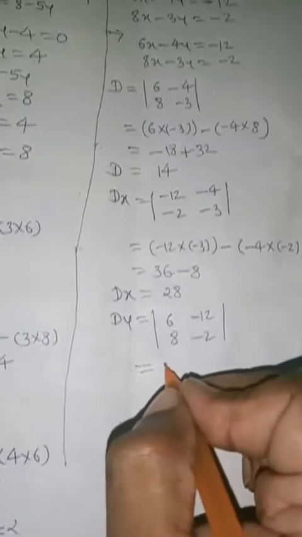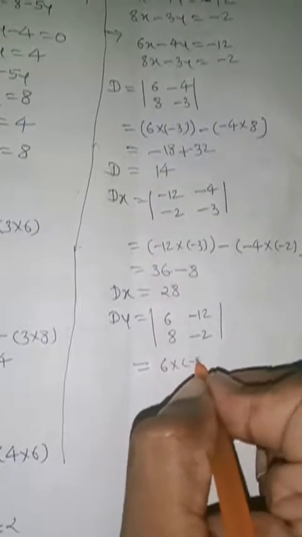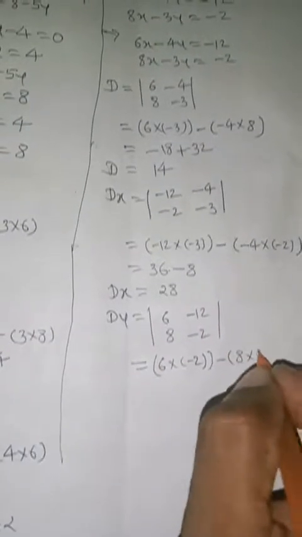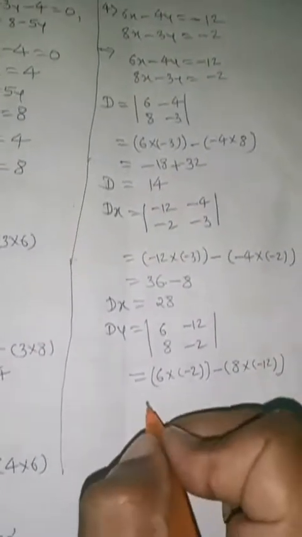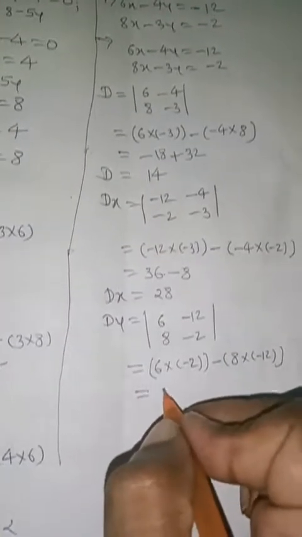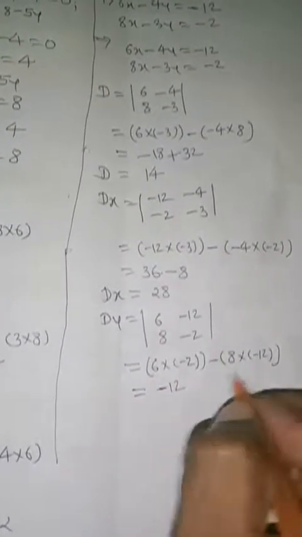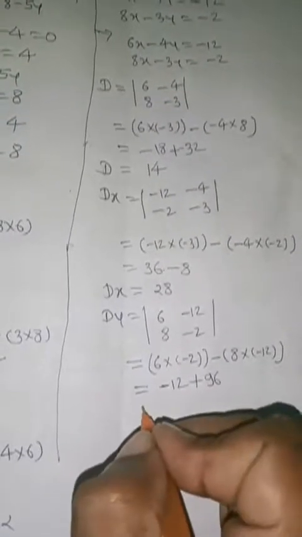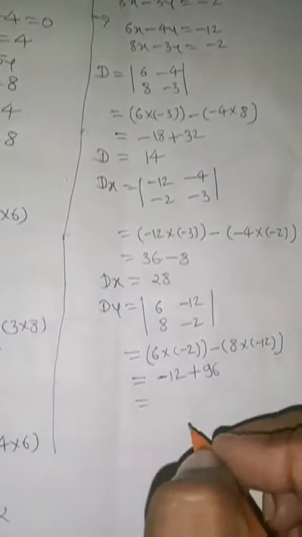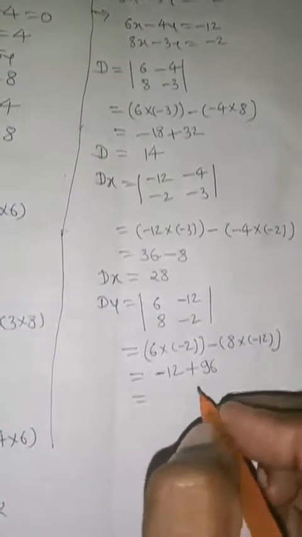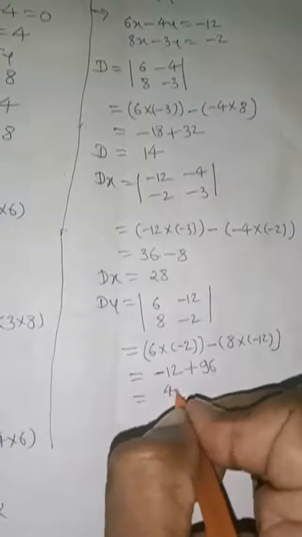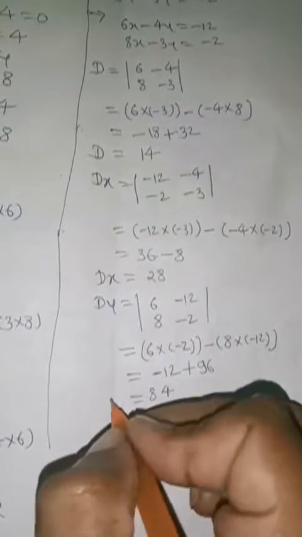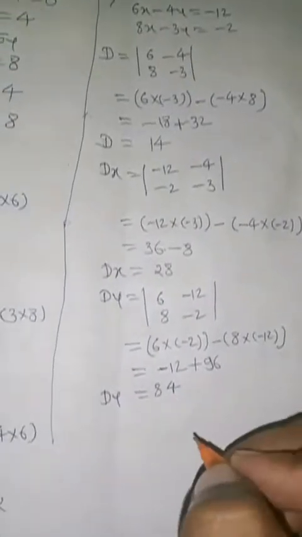This is equal to 6 into minus 2 minus 8 into minus 12. 6 into minus 2 is minus 12. This minus minus becomes plus. 12 into 8 is 96. Minus 12 plus 96 gives 84. Dy is equal to 84.